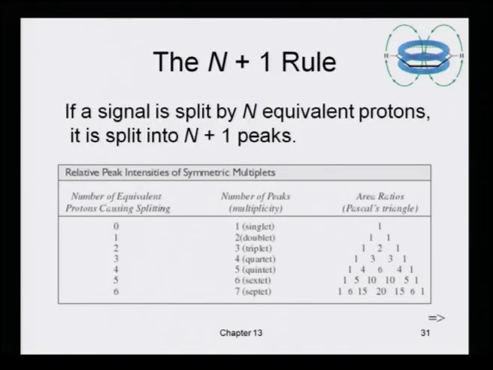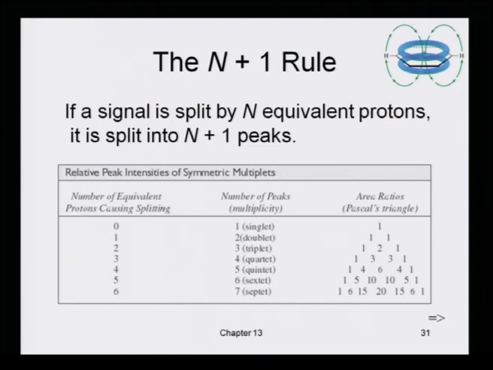There is a thumb rule which is called the n+1 rule for the splitting pattern. If a signal is split by n equivalent protons, it is split into n+1 peaks. If one is seeing 2, then it will cause n+1, so it will cause a triplet. If 2 are seeing 1, it will cause a doublet.